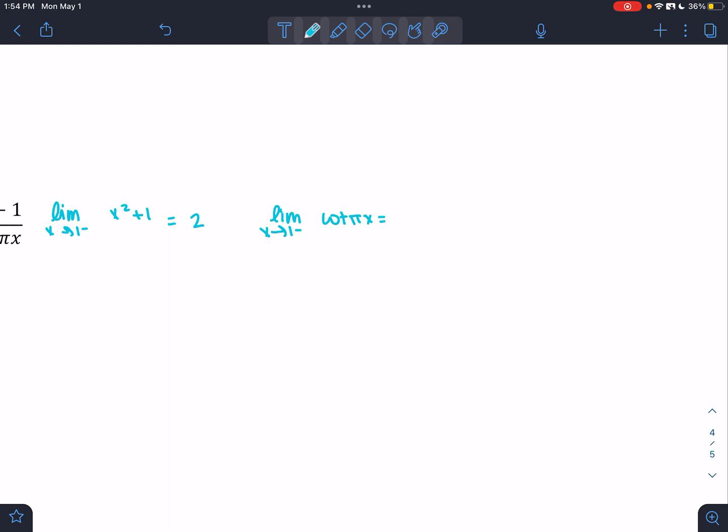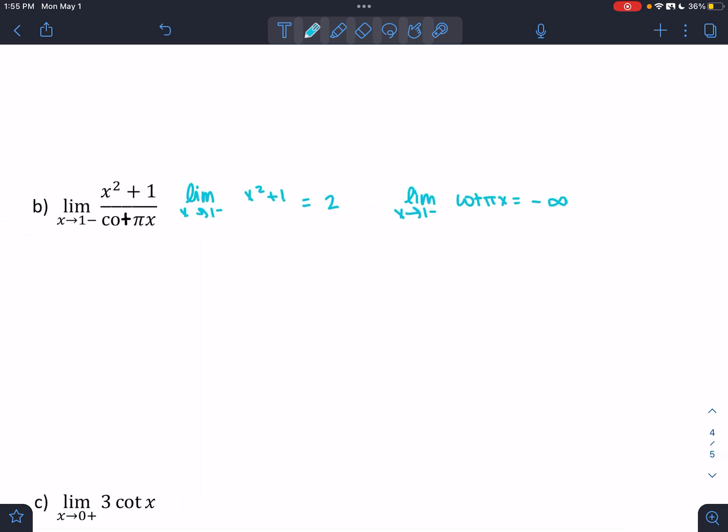I'm not done yet. I'm just doing the limit of cotangent pi x right now, which is going to be negative infinity. So when we do the limit as x approaches 1 from the left of the whole thing, x squared plus 1 over cotangent pi x, you're going to have 2 over negative infinity.